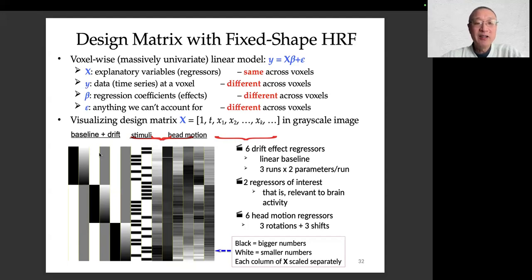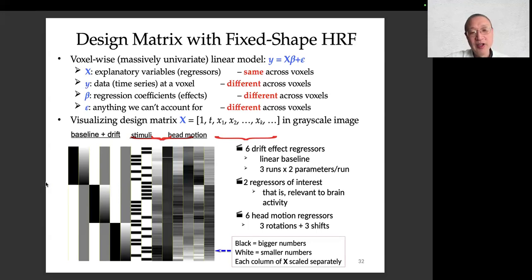Let's visually check the model matrix. One popular way is to use grayscale to show the model matrix. The way we interpret this grayscale image is like this. Each column corresponds to an experimental variable.